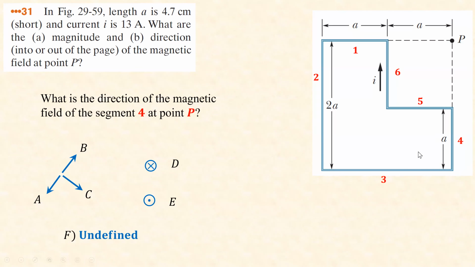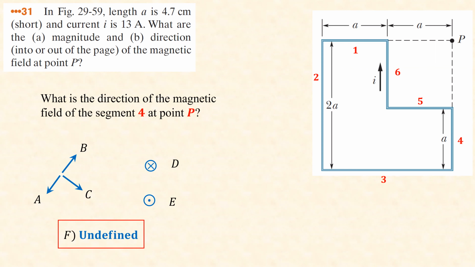For 4, what do you think? Yes, I see some F. That's correct. Again, the current is going through the point and it doesn't create any magnetic field right in front of it.